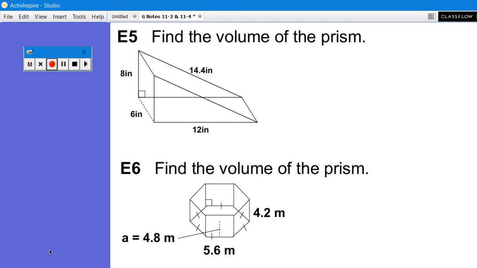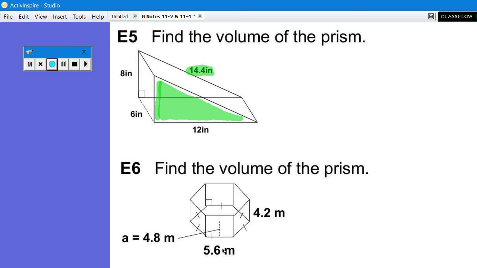Okay, let's do our last two problems today. Our last two problems, again, are going to be the shapes we've already dealt with. We already identified the base here is going to be the triangle. And you can see this time that I went ahead and put the 14.4 on it because we already found that. So I just included that right here.